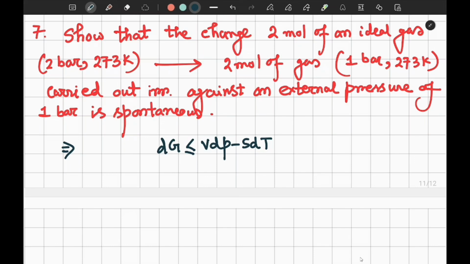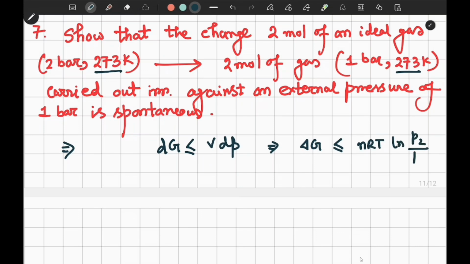So we have to show that. Now you look, there is no dT, so just only VdP is there because it's an isothermal process, temperature is the same. VdP, and it is an ideal gas, so VdP can be written as, okay, let me write it. Then it will be nRT ln(p2/p1).